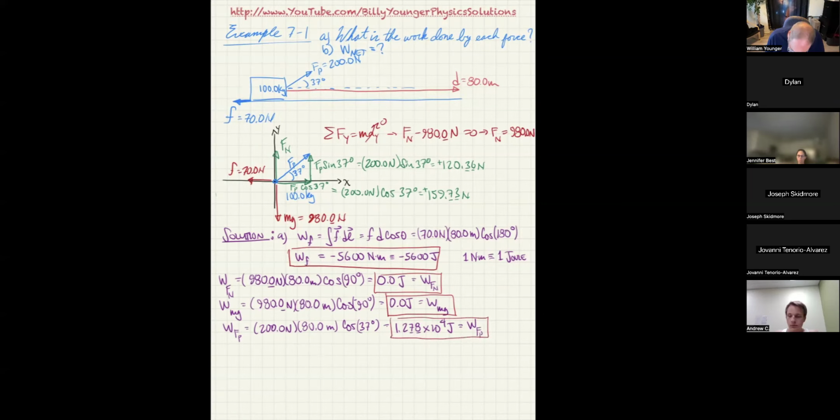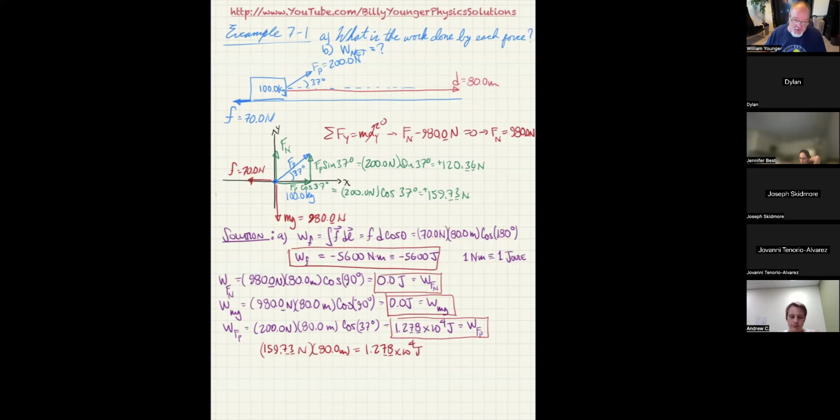But notice if we took the 159.73 newtons and multiplied that by just the 80.0 meters, we would get 159.73 times 80, which gives me 1.278 times 10 to the fourth joules.